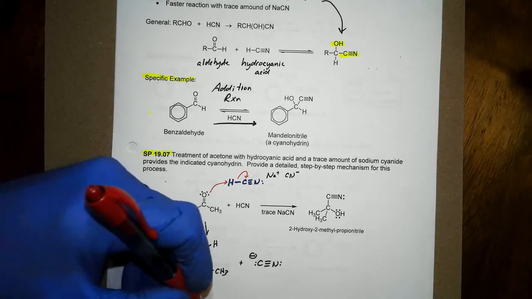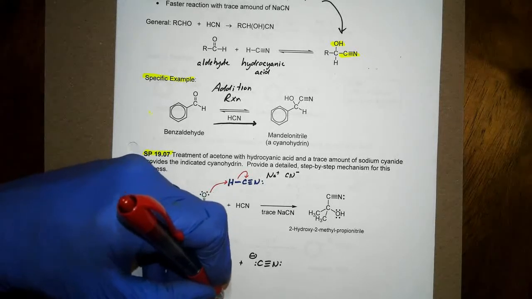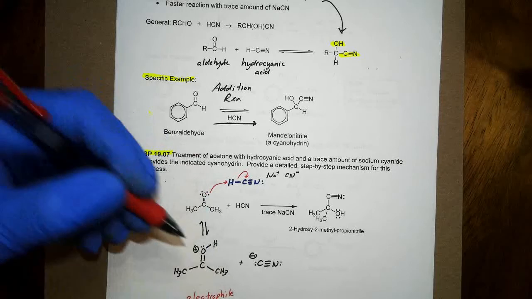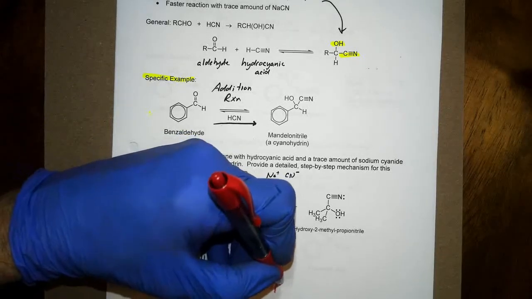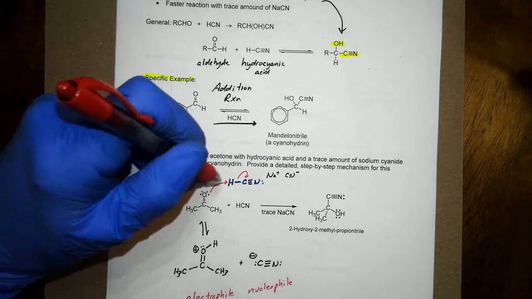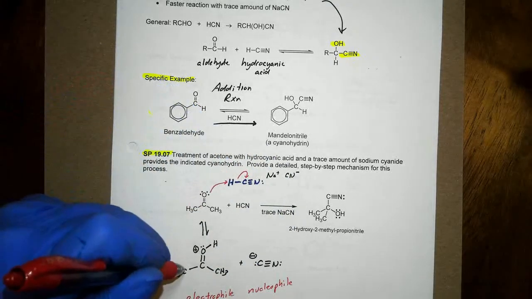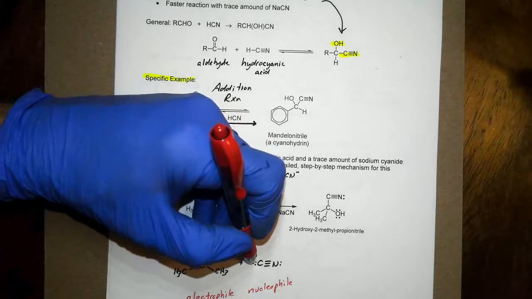Okay, so what do we have? We have ourselves an electrophile on the left, and we have a nucleophile here on the right. Remember how that worked? This was a nucleophile, that's an electrophile. The electrophile becomes a nucleophile and vice versa. So nucleophiles do what they do best.